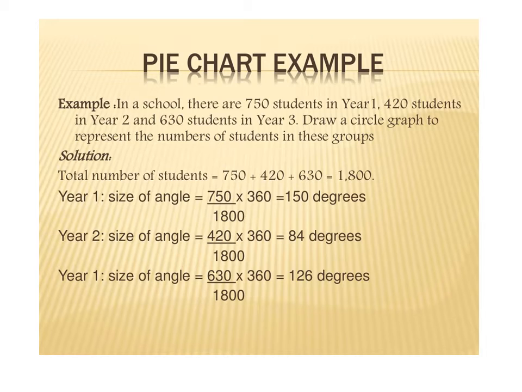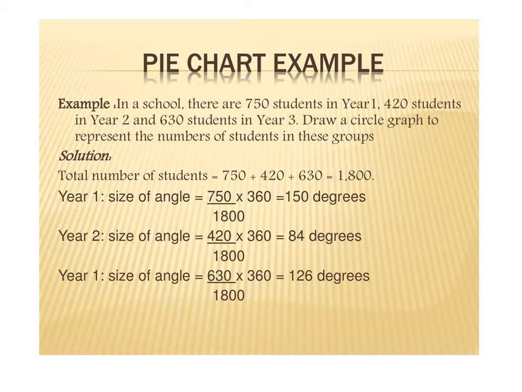For this pie chart, we consider an example. In a school, there are 750 students in year 1, 420 students in year 2 and 630 students in year 3. Draw a circle graph to represent the number of students in these groups.